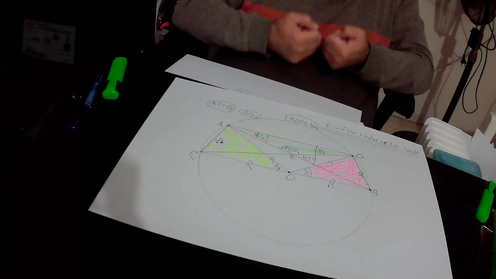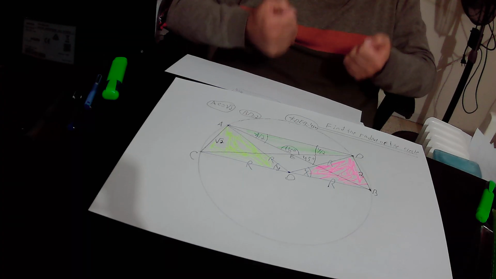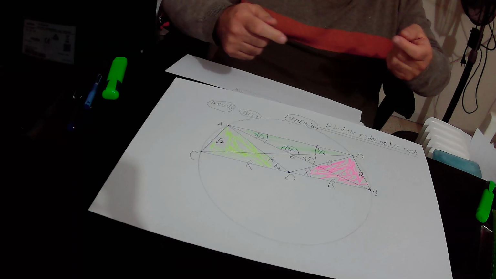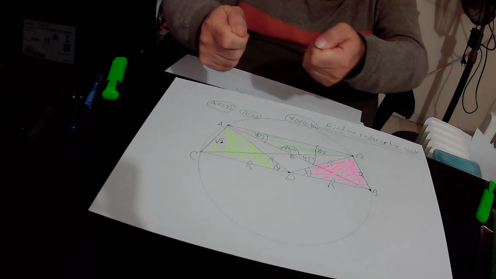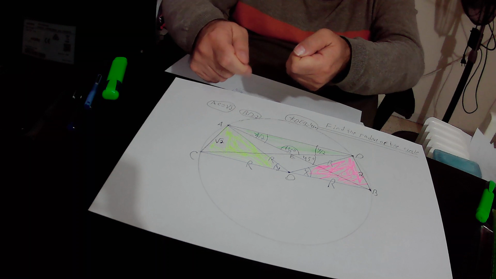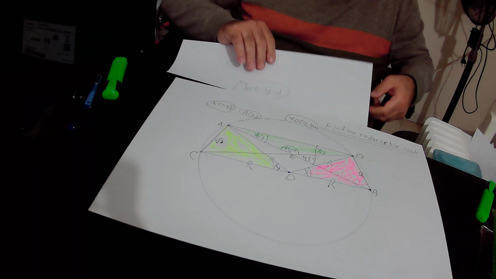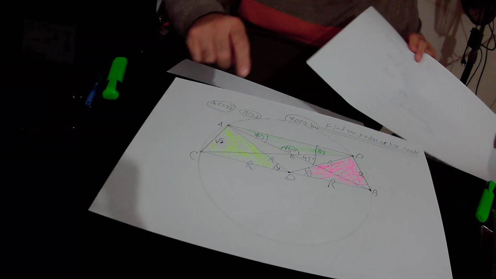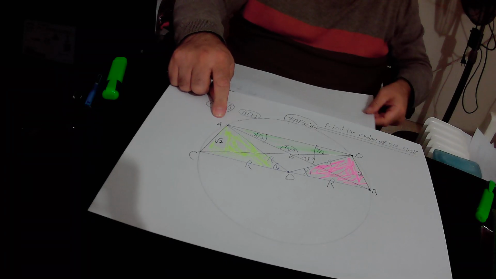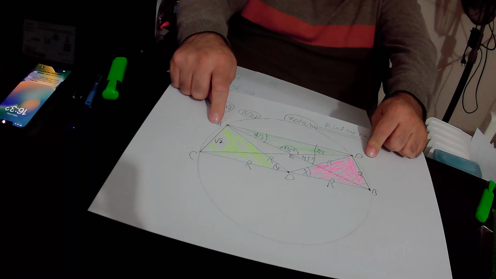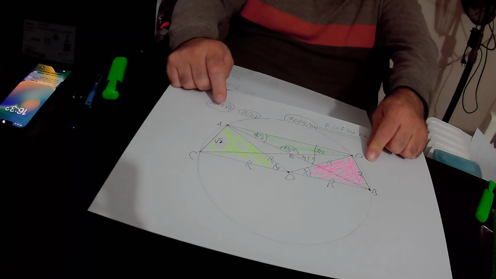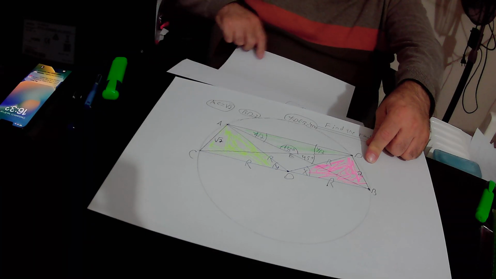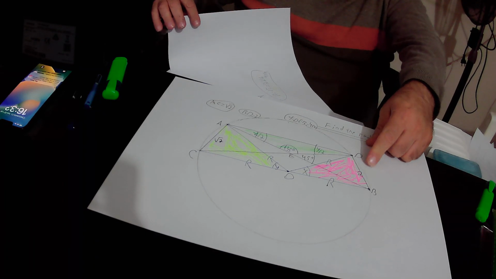And we know that the diameter is the longest chord in a circle. So the diameter 2R must be greater than chord AC. What I said is true, but we actually focused on chord DB.